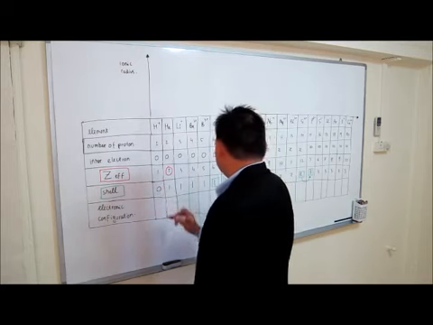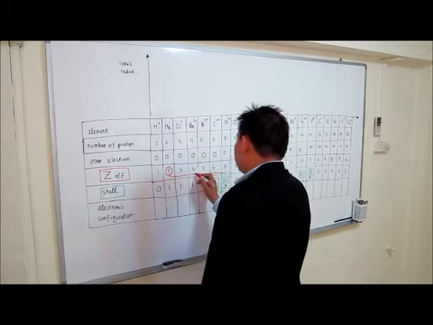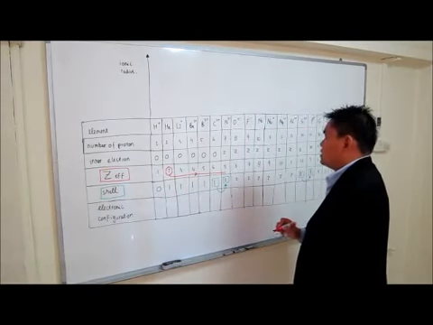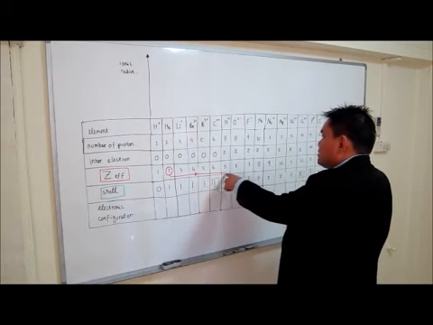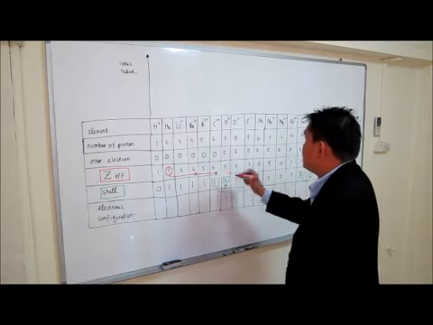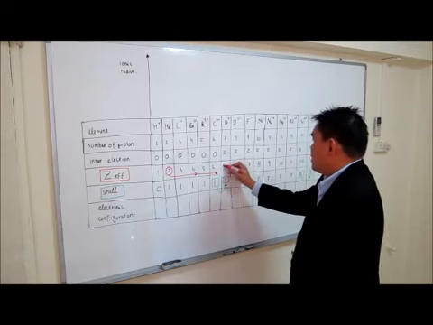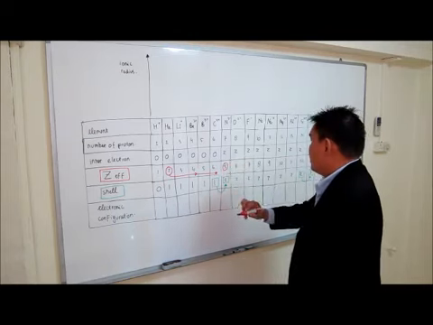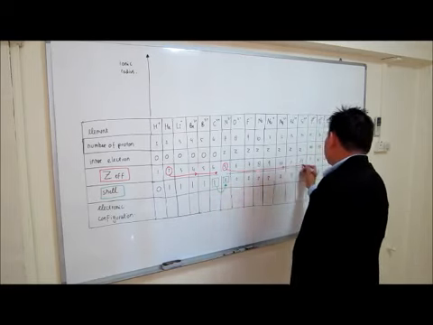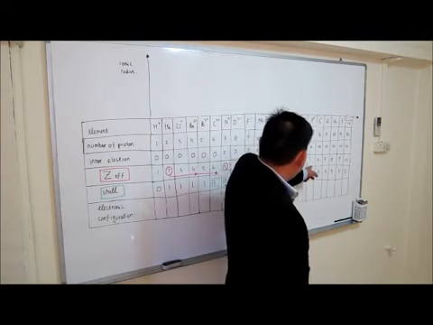From helium all the way to carbon 4 plus, there will be a gradual decrease of ionic radius. Similarly, there will be a gradual decrease of ionic radius from nitrogen 3 minus to silicon 4 plus because of the increasing effective nuclear charge.